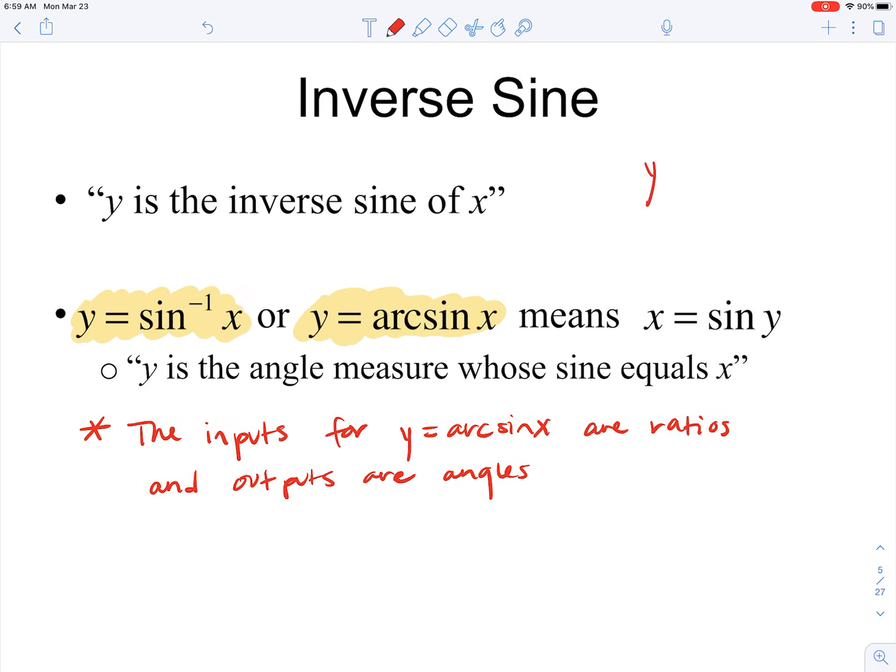Okay, because for y equals sine of x, the inputs are angles and the outputs are ratios. So for the inverse, the inputs would be those ratios and the outputs would be the angles.